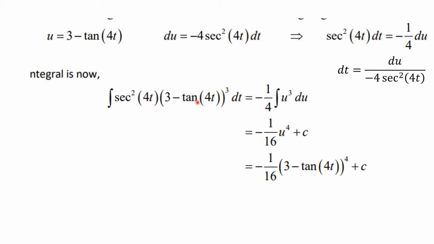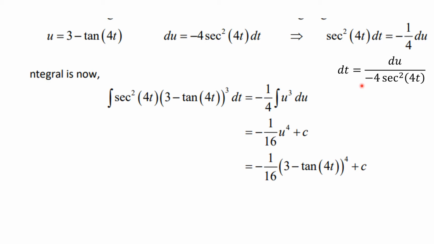Here was the problem we were confronted with. Our substitution is u equals 3 minus tangent of 4t. du is going to be minus 4, the chain rule, secant squared 4t dt, or dt is equal to du over minus 4 secant squared of 4t.